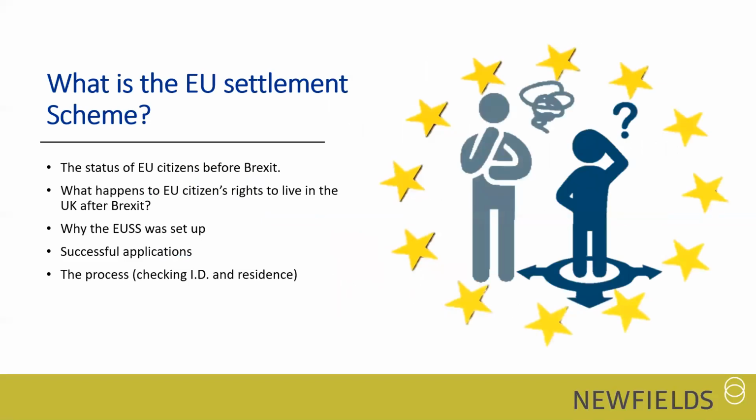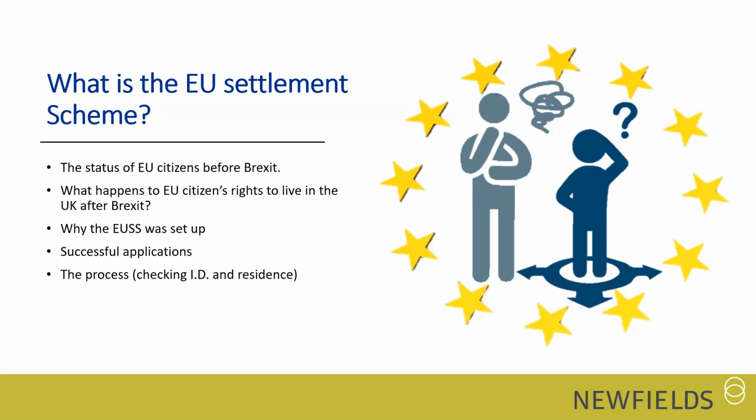So what is the EU settlement scheme? The status has come into existence because of Brexit. Previously, freedom of movement has allowed workers, those who are self-employed, students, retirees, to come to a member state and enjoy the same rights of freedom of movement that they have up to date.